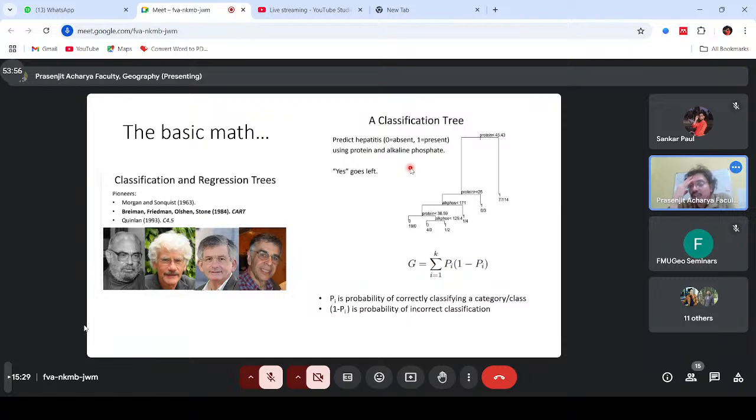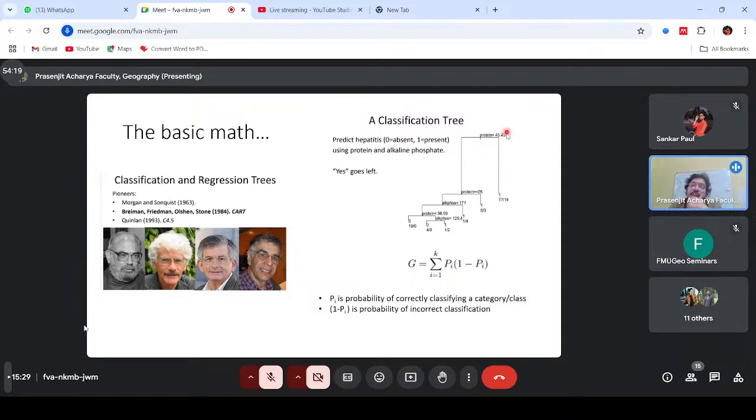These are all blood samples. So protein and alkaline phosphatase, these are two variables which can appropriately explain the presence of hepatitis in the body of a patient or not.